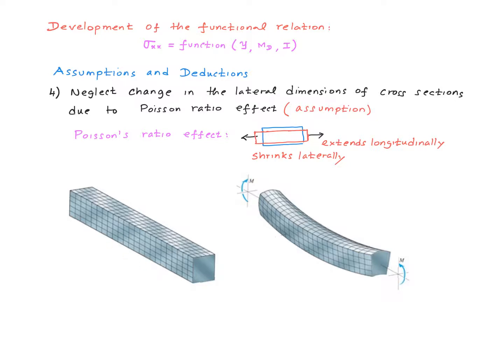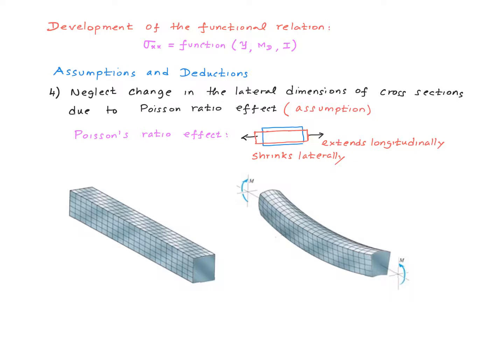The bottom fibers will extend, and therefore there will be tension on those fibers. That tension will lead to a little compression at the bottom of the cross section, again due to the Poisson ratio effect. Say this cross section was initially a rectangle, so it is not going to be a rectangle anymore after deformation.